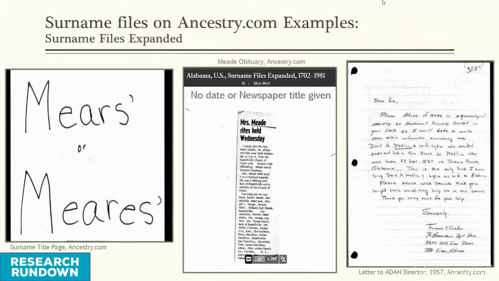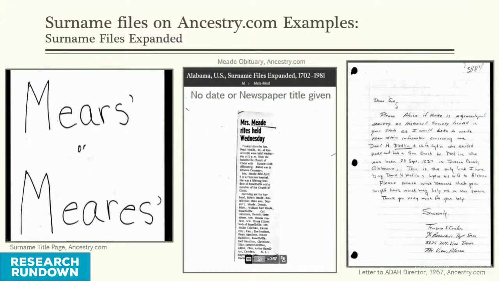This third example here is one I wanted to show you guys, where these are some that you will see fairly often in our surname files. It's a letter to our director. So this one's from 1967. Up at the top corner, you can see the date is written 3/13/19 or 67, but we can assume it's 1967.